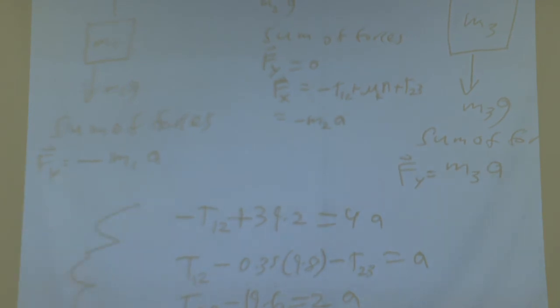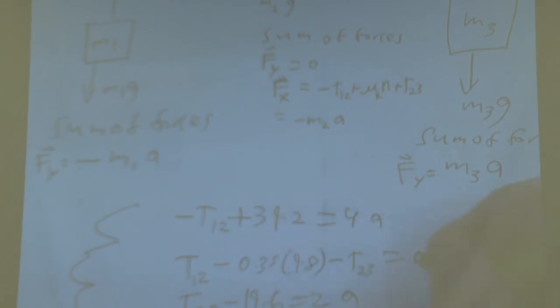I used the method of elimination. You could technically use substitution, but this one happens to work out very nicely with elimination because we have tension 1, negative tension 1, tension 2, negative tension 2. So if you just add all of these together, all of your unknowns cancel out except for a.